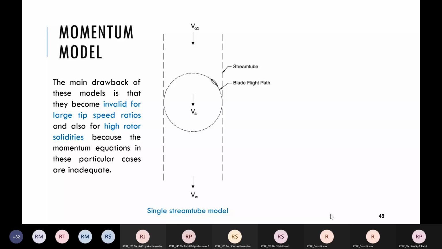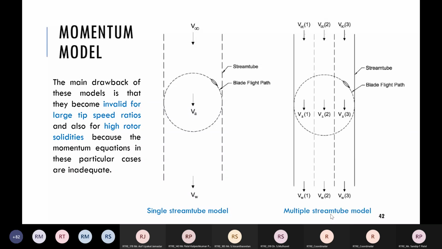So there is another variation of it which is called the multiple stream tube model. Because in single stream tube, we are considering there is only one blade. While in multiple stream tube, we divide the stream tube into multiple stream tubes, and the total swept volume of the turbine is divided into a series of adjacent independent parallel stream tubes, as shown in this image.